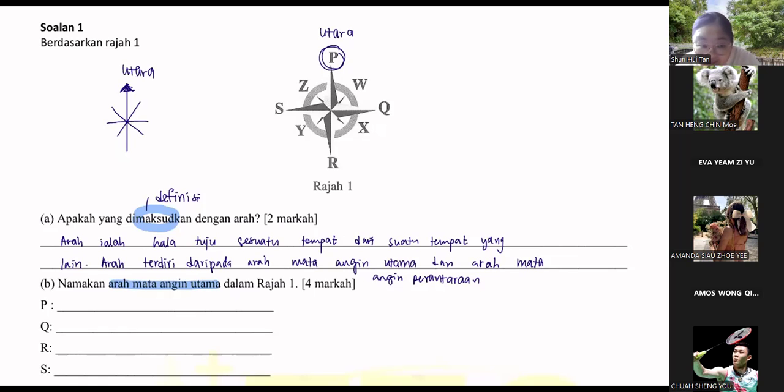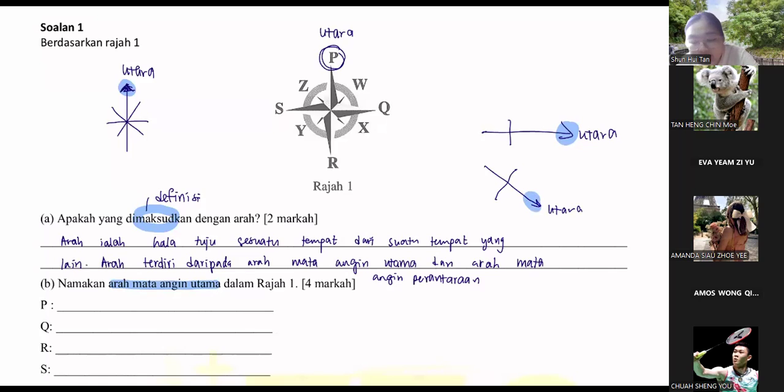It means that if they show it this way, then utara must be here. Of course, in the exam it may come out all funny. Always remember, this is the utara, this is the utara. If they randomly give you a pointer like that, then that is utara. You have to follow whatever they point at.